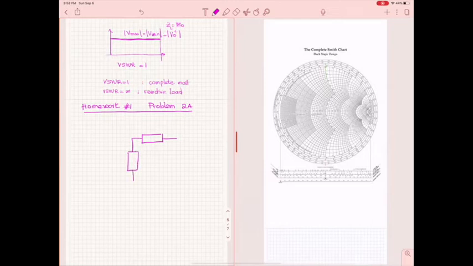Am I right? Yeah, and then there was that resistive load on the end. And here was a Z sub S. How much was this Z sub S?